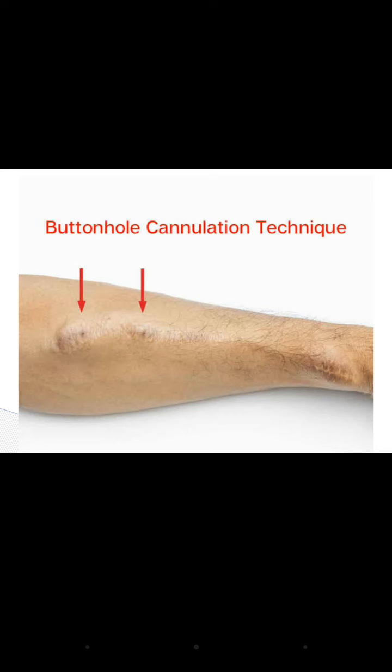Because we are doing daily hemodialysis and placing the needles in the exact same hole in the fistula, a tunnel track will be created for the needle. Every time the needle will be inserted in this track, so this will prevent the case of an aneurysm. That's why the buttonhole cannulation technique is used in cases of fistula and graft.